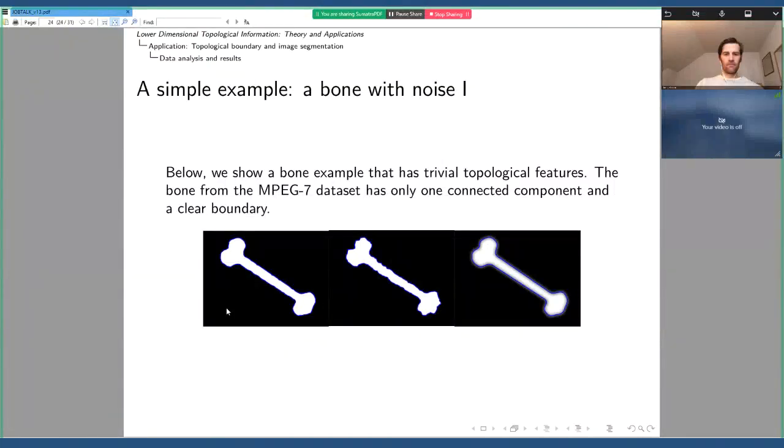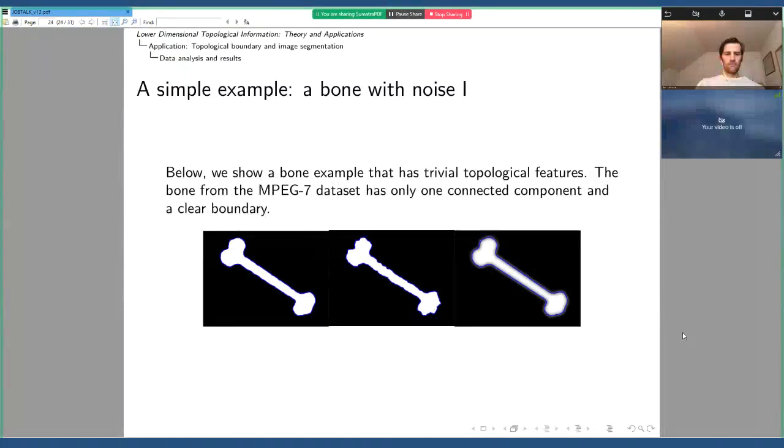On the left-hand side, we use the original image with clear binary boundary contrast, and in the middle, we add some binary perturbations to this boundary to create some artificial noise. And on the right-hand side, we add some non-binary noise, a Gaussian blur, to blur out this boundary.